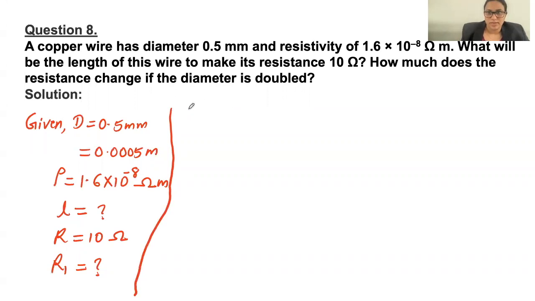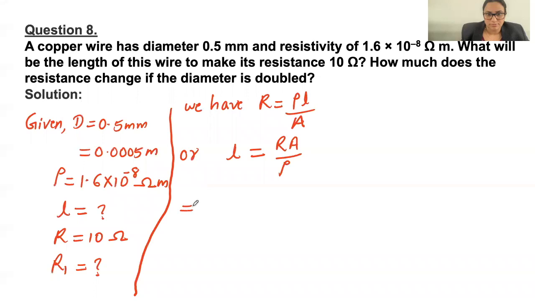So let us calculate the length. So we have the equation R is equal to rho L divided by A. Or from this, we can calculate length is equal to RA divided by rho.